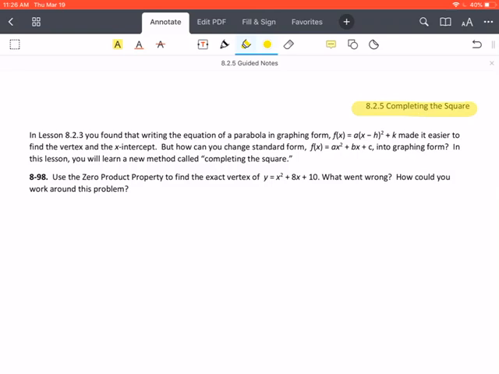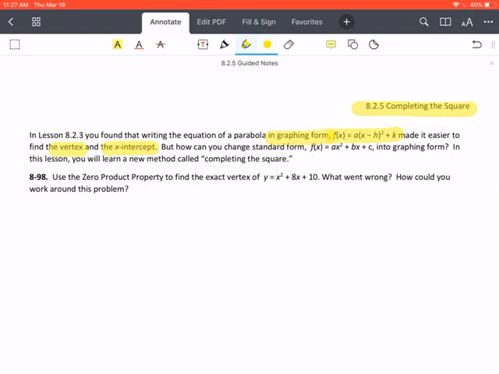It says in lesson 8.2.3, you found that writing the equation of a parabola in graphing form, f of x equals a times x minus h squared plus k, made it easier to find the vertex and the x-intercept. So again, graphing form of a quadratic is what I just highlighted here. F of x equals a times quantity x minus h squared plus k.